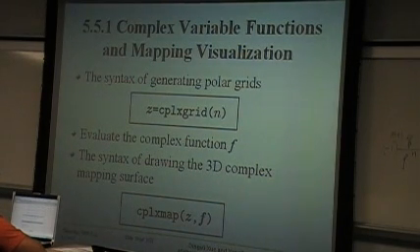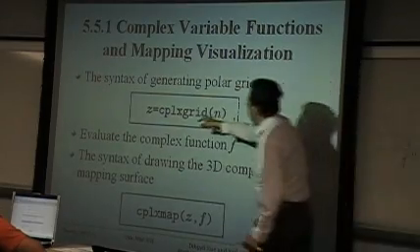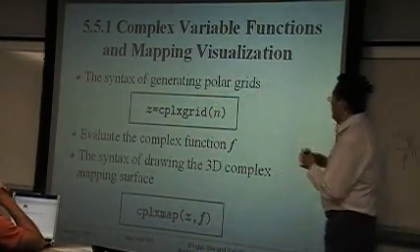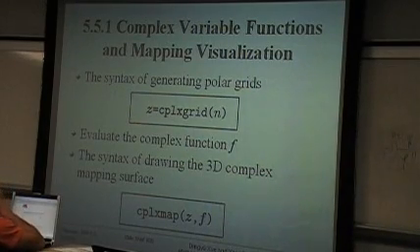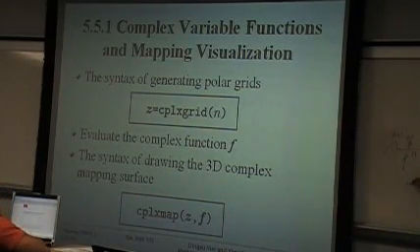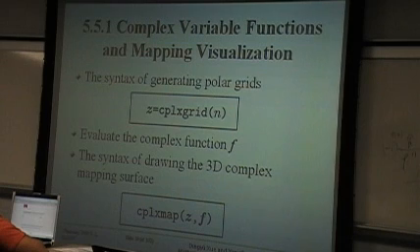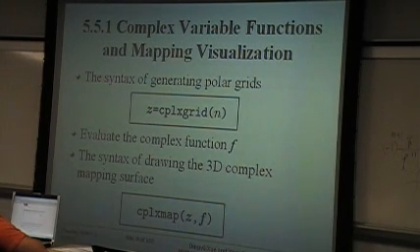And for complex variable functions, we can use complex grid to generate a series of grids on the xy plane. It should be something like this. And then, based on the grid, we can easily draw the three-dimensional complex mapping function using the complex map function.